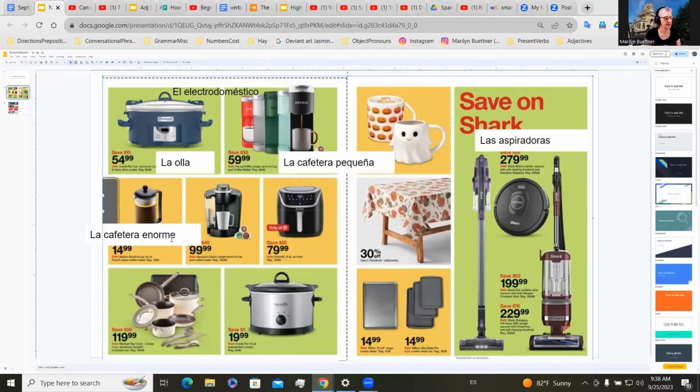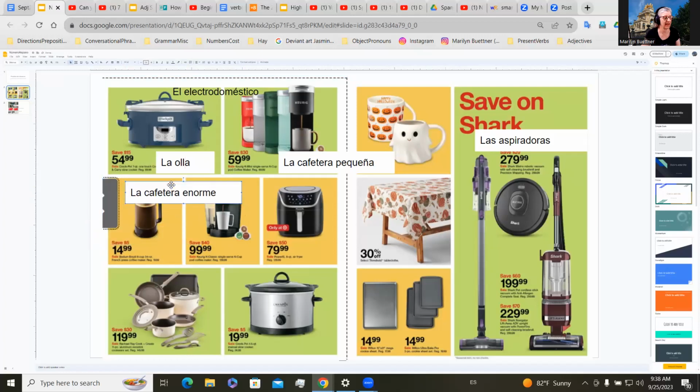Sí, es este, o es esta. Sí, es el modelo Keurig. Sí, el modelo de cafetera que se llama Keurig. La marca es Keurig, pero es una cafetera enorme. ¿Qué es una cafetera?